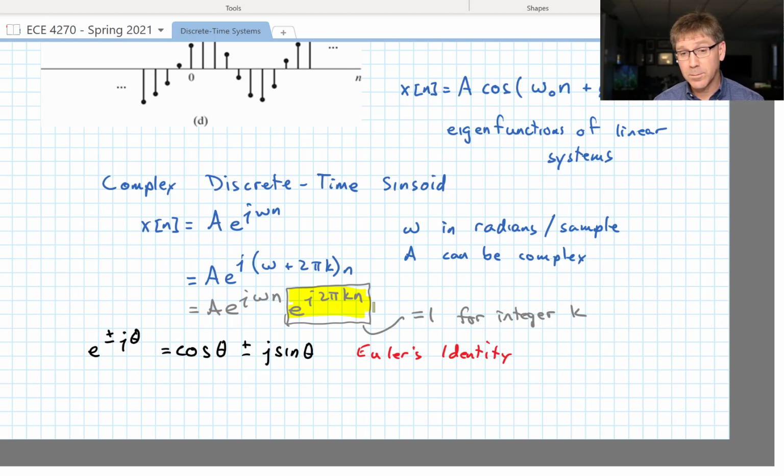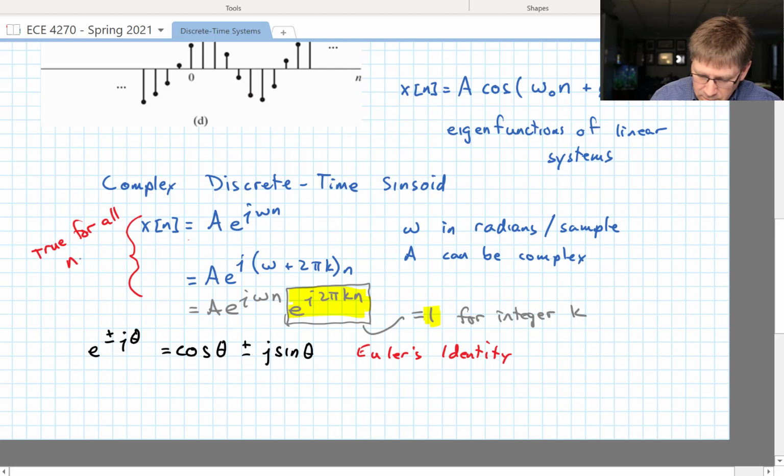Cosine of 4 pi is 1, and so on and so forth. Whereas a sine of 2 pi, or any multiple of 2 pi, is going to be 0. So indeed, using Euler's identity, we can see that that's equal to 1. And therefore this equivalence is true for all n.